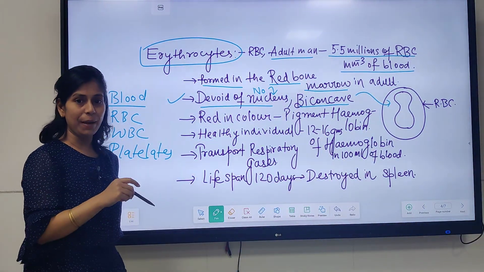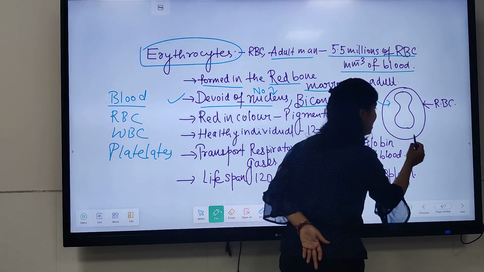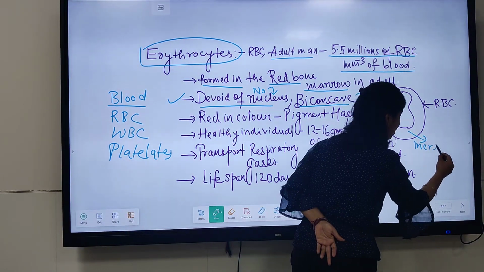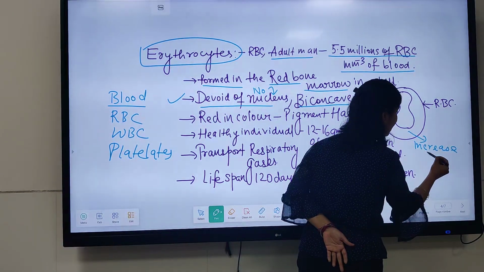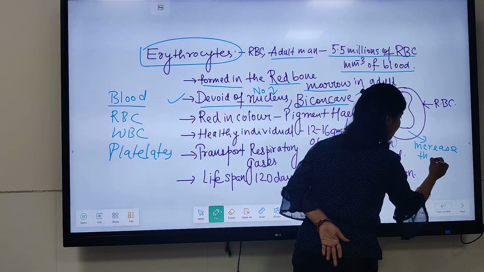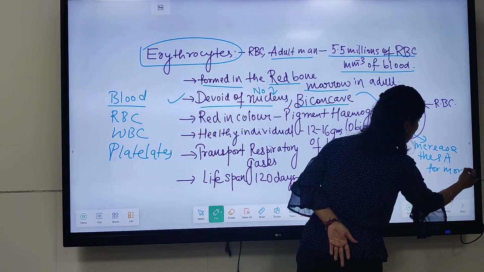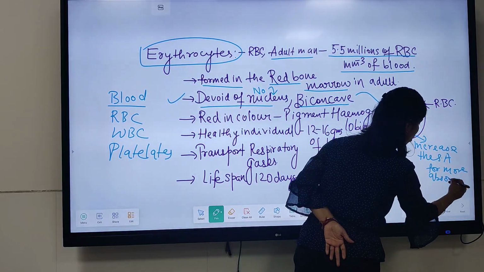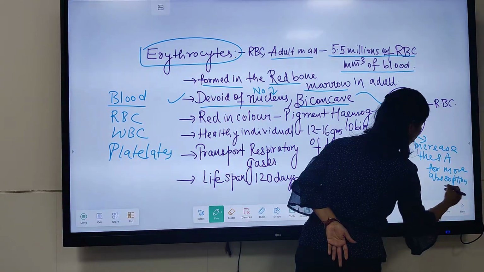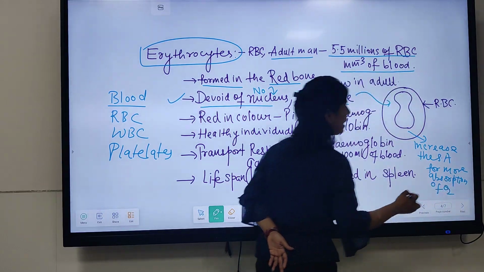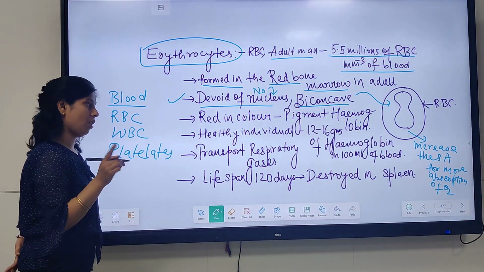Now why is this shape present? To increase the surface area for more absorption. The shape of RBC is biconcave because it increases the surface area for more absorption of oxygen. So basically it will help in carrying the oxygen. Alright.